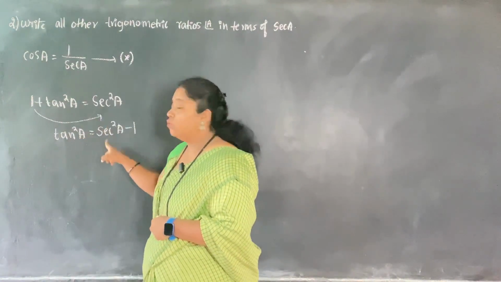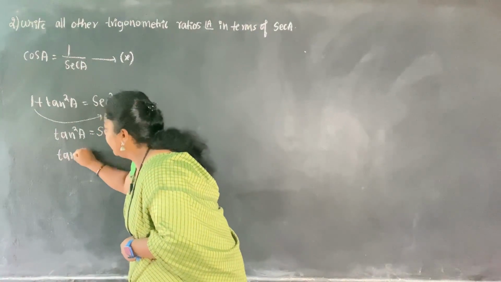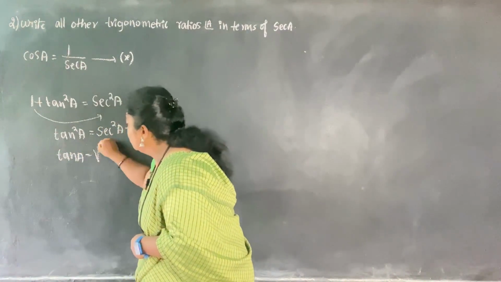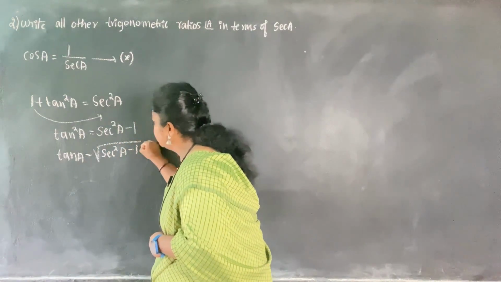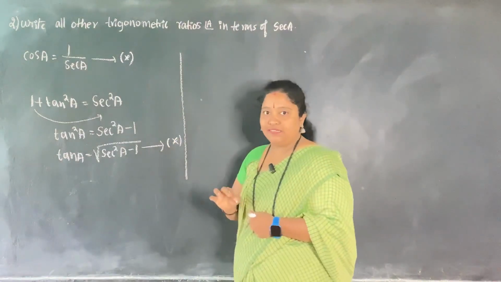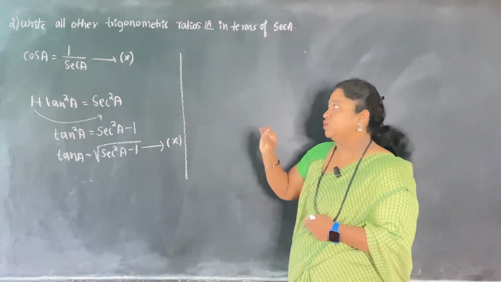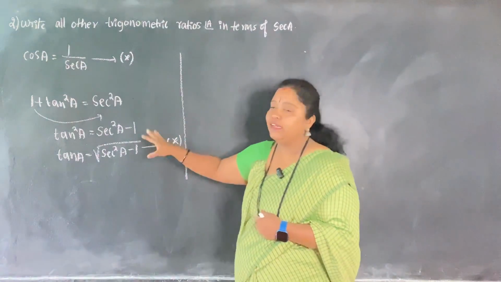So I'll bring the root to this side, and I'll be having tan A is equal to root of secant square A minus 1. Now I have represented two trigonometric ratios in terms of sec that have a direct link, cos and tan.